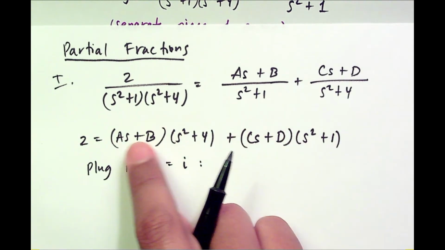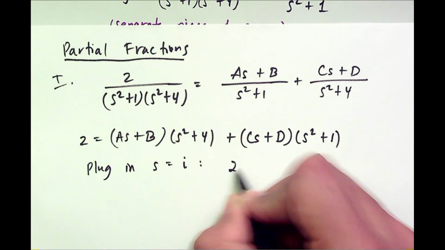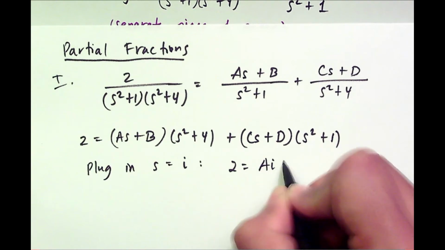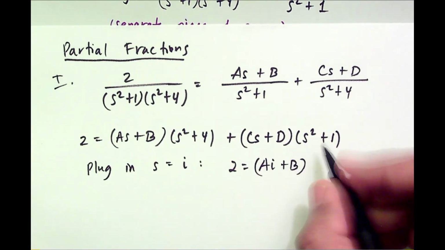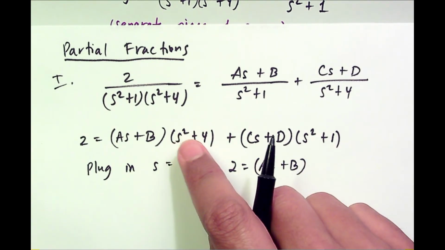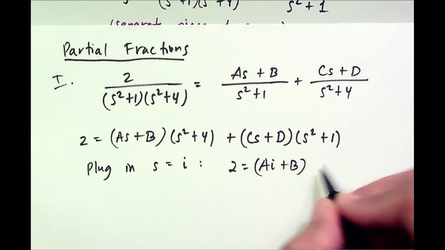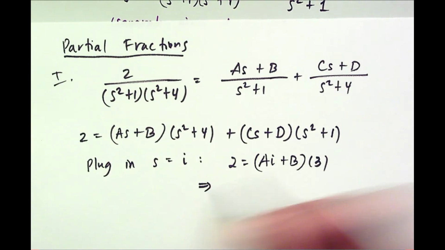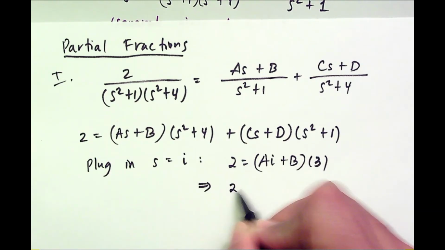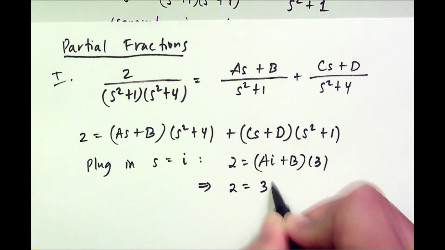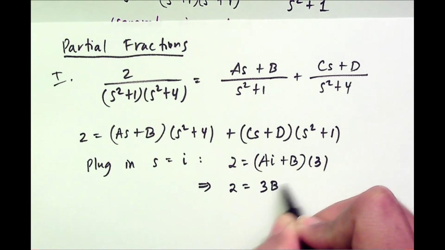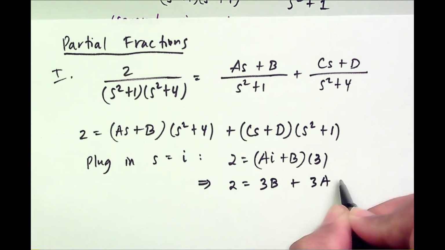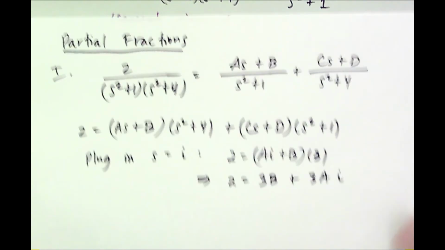So you only end up with 2 equals ai plus b, and then again i squared equals negative 1. Negative 1 plus 4 is 3. And then this is going to be 2 equals 3b, put in the real part first, the part that doesn't have an i, plus 3ai.